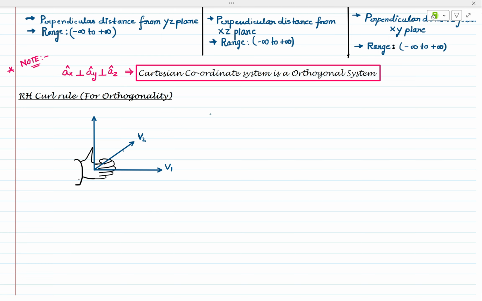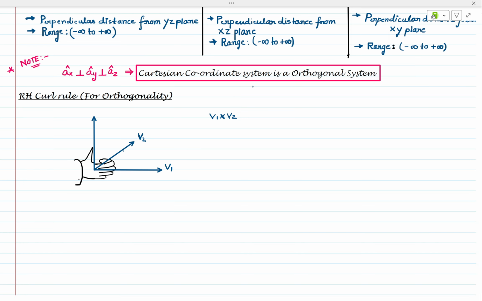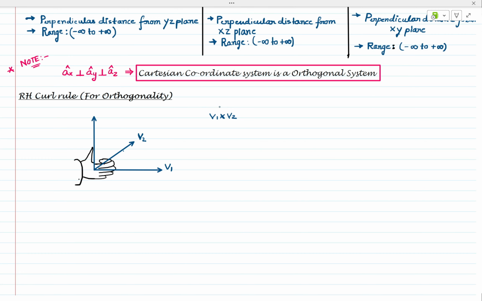As I am doing V1 cross V2, I move my four fingers from V1 to V2. Note that V1 cross V2 is not the same as V2 cross V1, which is very important. Don't make any misconception about that.